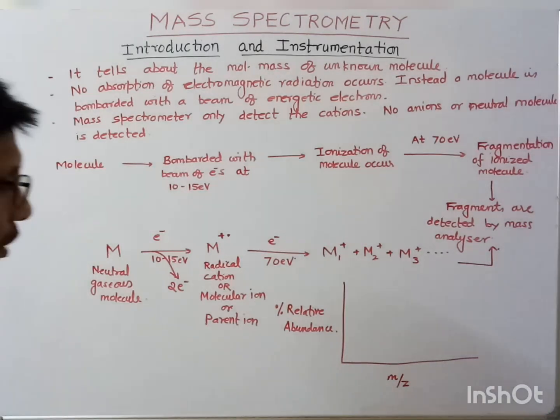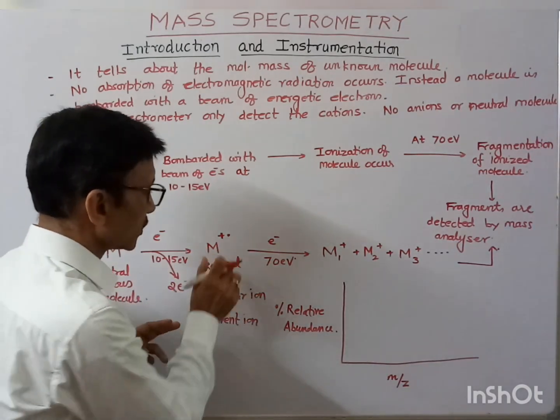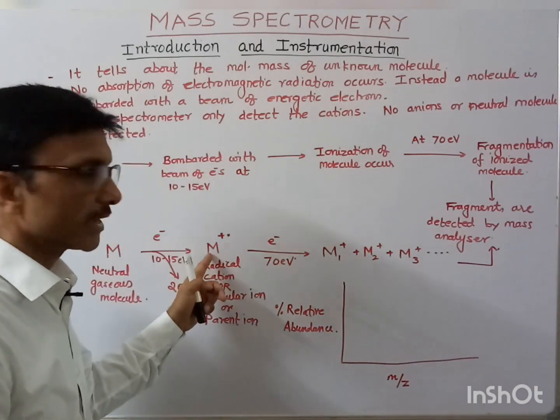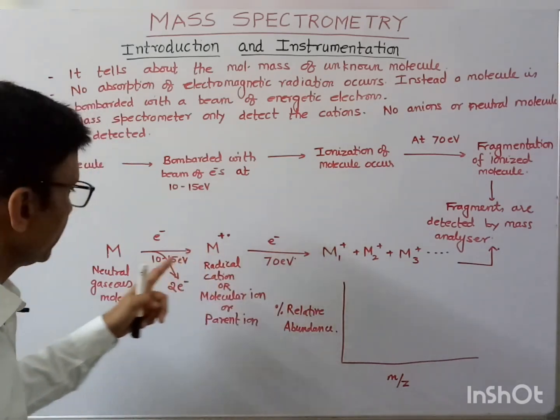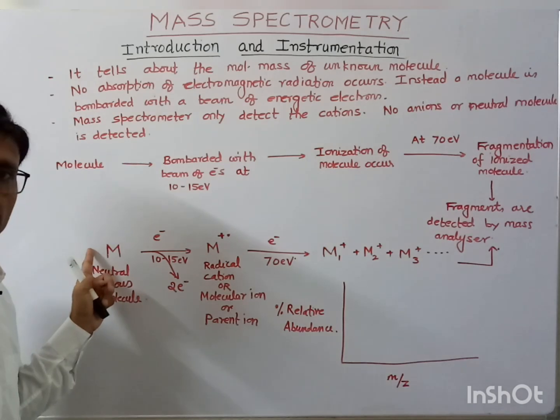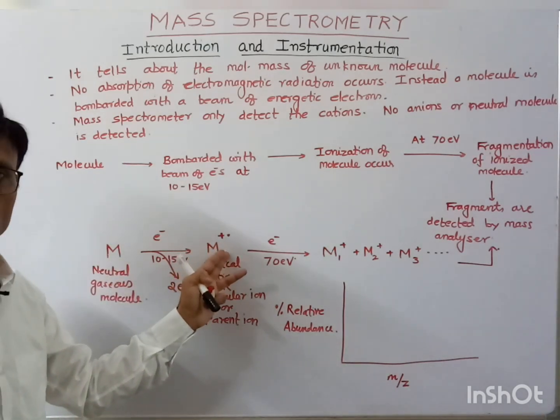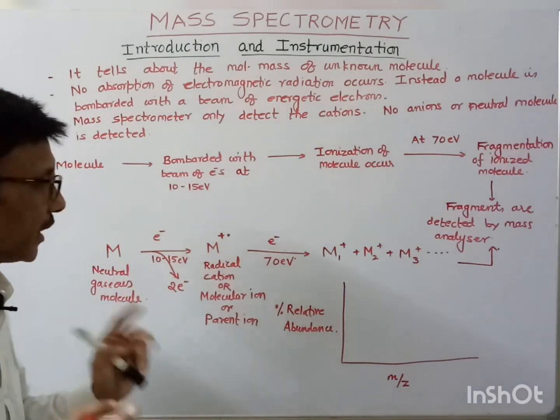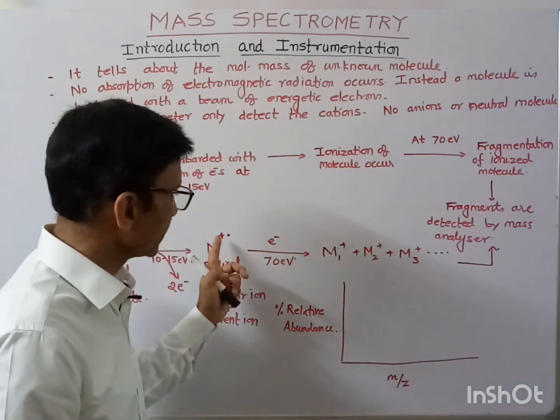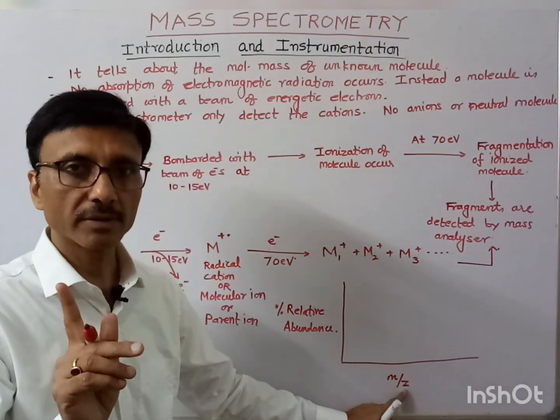First of all, this is the molecular ion, and the mass of this molecular ion is exactly the same as that of the neutral molecule, because after the removal of one electron, the molecular mass will not differ. Suppose it has only a plus charge, then here z will be 1.